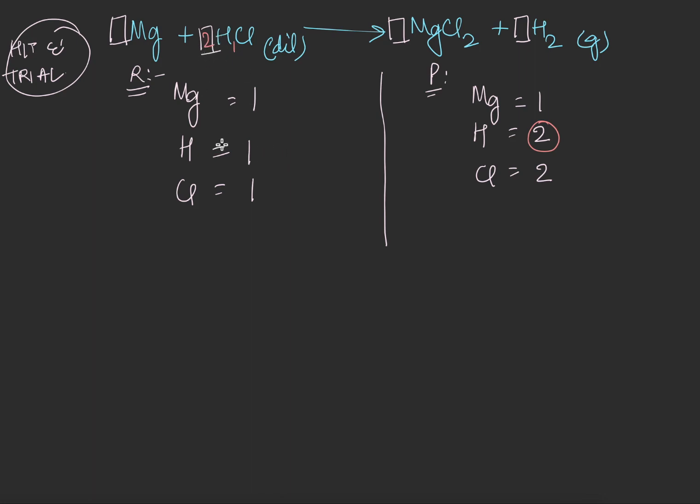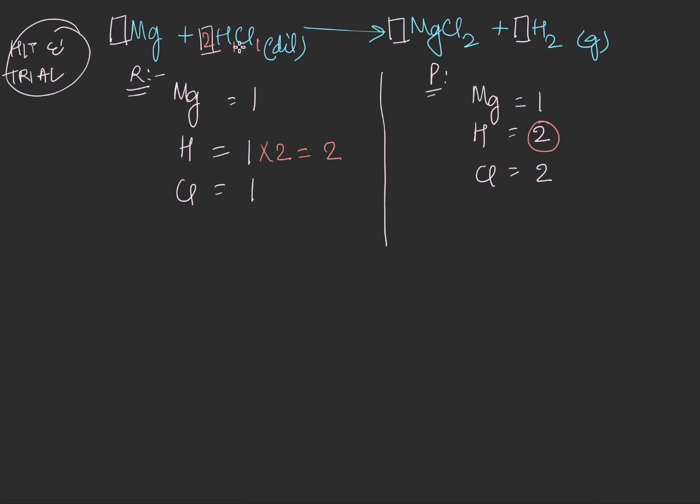The number I write in front of HCl will be multiplied by 1, which is written at the base of HCl. So if I write the number 2, that means I will multiply this 2 with the number 1 at the base of HCl, and that brings my number of hydrogen atoms to 2.